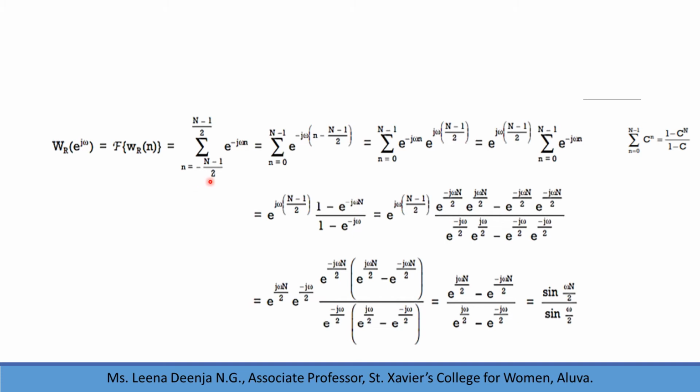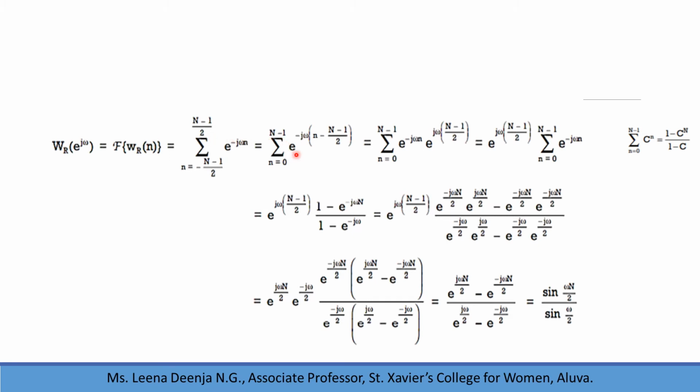Now, change this lower limit to 0. For this, put n as n minus (N minus 1) by 2. So the lower limit changes to 0, and the upper limit is (N minus 1) by 2 minus (minus (N minus 1) by 2), that is 2 times (N minus 1) divided by 2, or it is N minus 1.